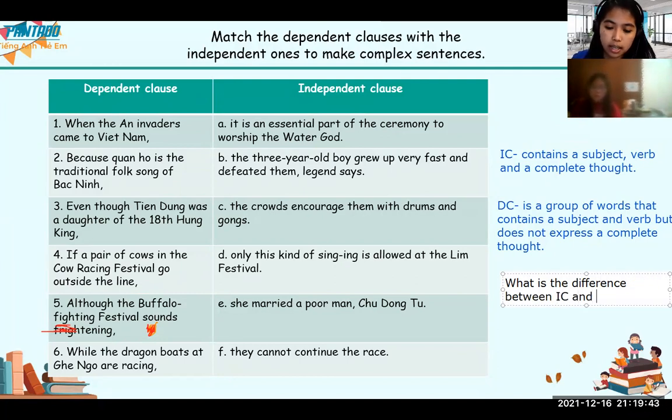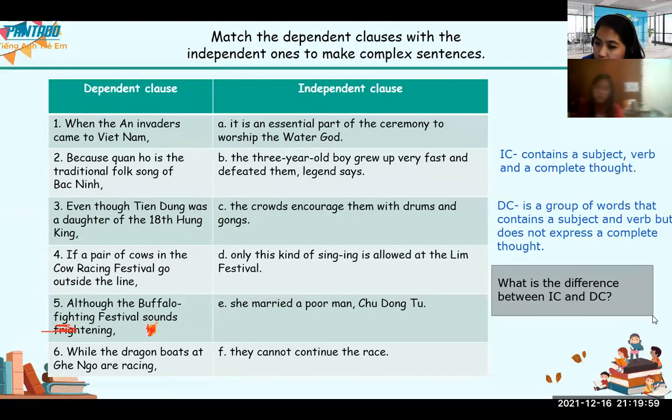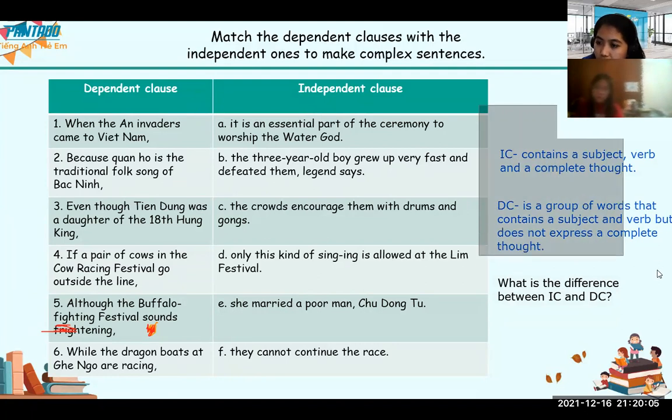Do you know the answer? This is my question for you, Ngok. What is the difference between independent clause and dependent clause? The answers are found here.